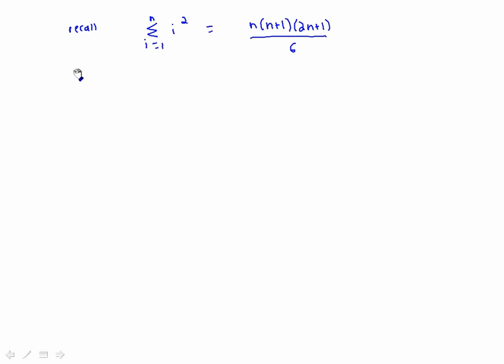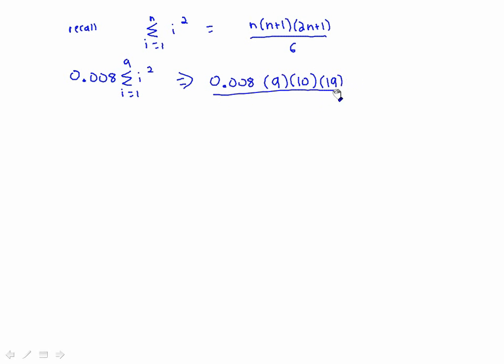So in our case, 0.008 times the sum of I squared from I equal 1 to 9 is going to be equal to 0.008 multiplied by n, which is 9, times n plus 1, which is 10, times 2n plus 1, which is 19, all divided by 6.